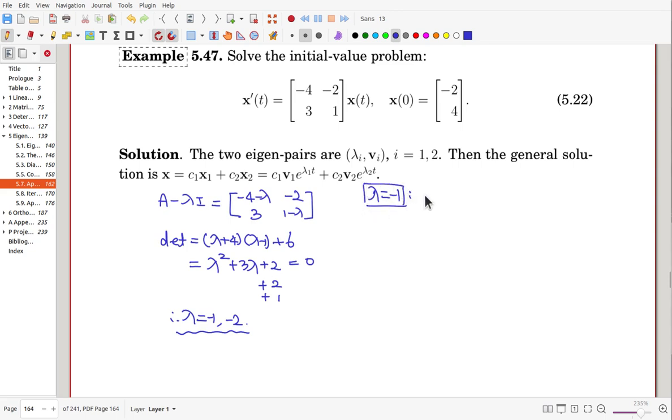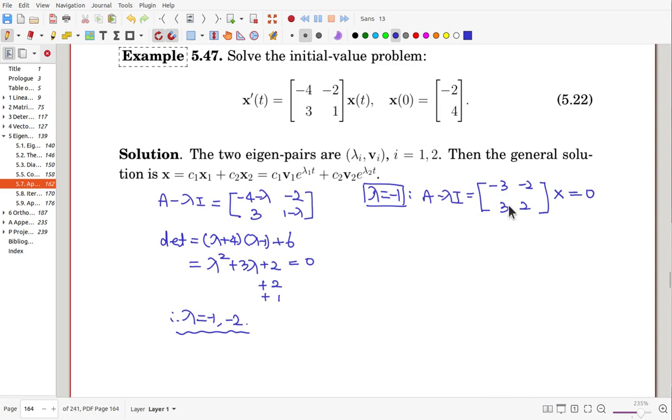Then A minus lambda I is obtained by adding 1 along the diagonal. So that is minus 3 and minus 2 and 3 and 2. Now we have to solve this homogeneous system to find the corresponding eigenvector.